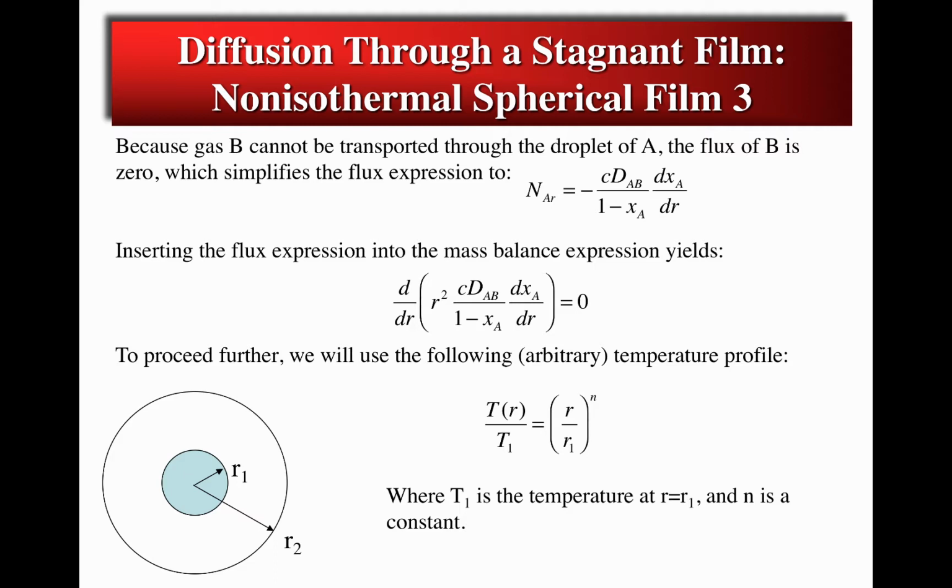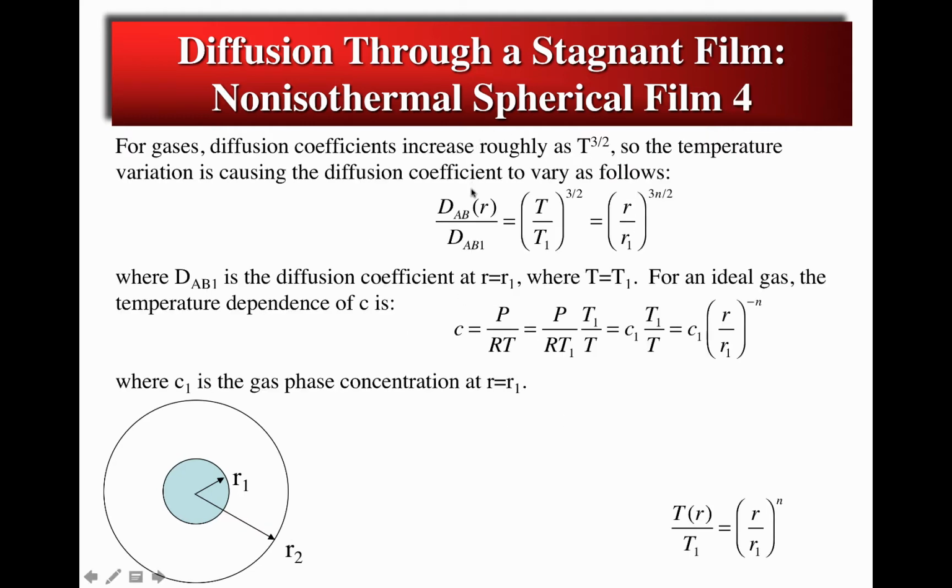I'm not going to spend time justifying why this is so. It's a bit outside the scope of what I want to cover right now, but nevertheless, one could introduce a temperature profile into this analysis, and the temperature affects the diffusion coefficient and the total molar concentration.